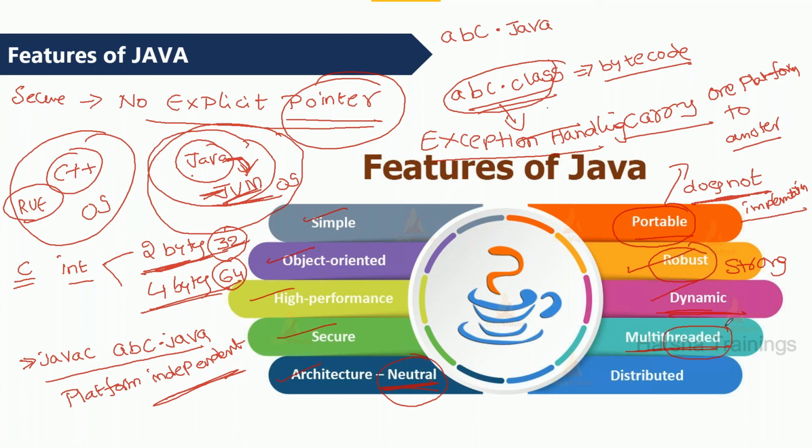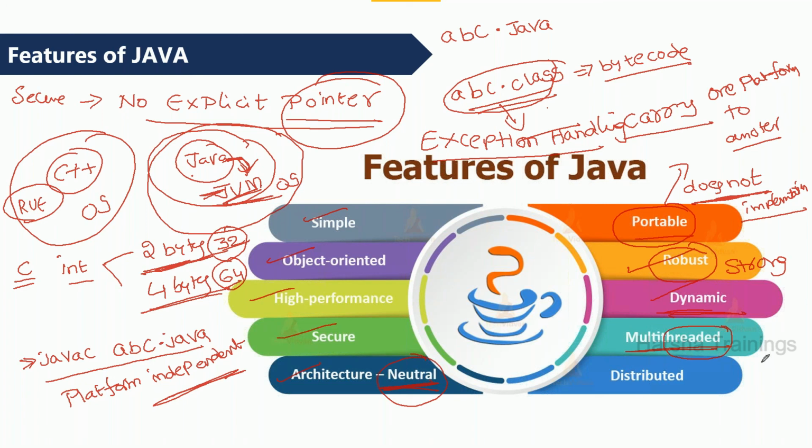The next one is multi-threading. What is meant by thread? For example, you are writing a program which consists of addition, subtraction, and multiplication. We are writing each as a separate function. So here addition is a thread, multiplication is a thread, division is a thread.